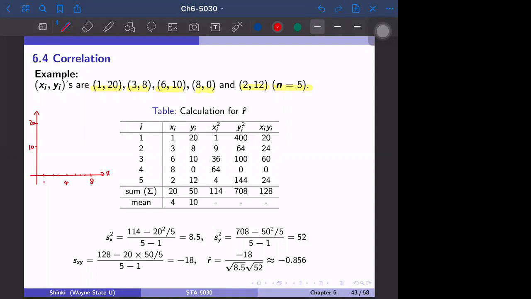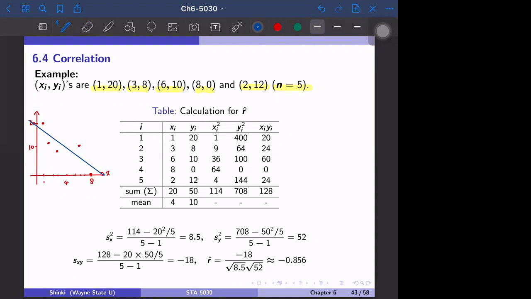The points are plotted here. Overall, we should have a line with negative slope, so we expect the correlation coefficient is probably negative 0.8 or something.